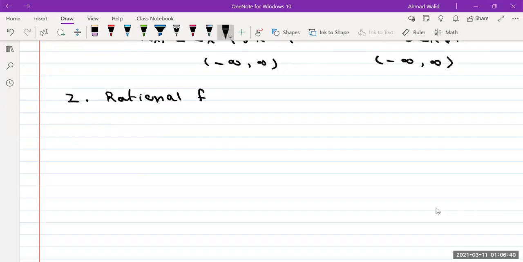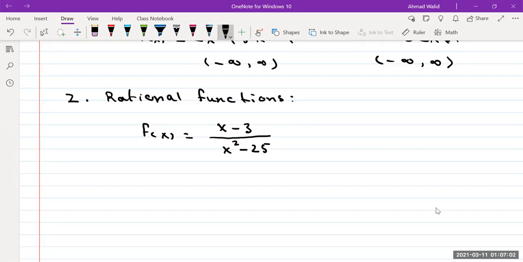If I have a rational function, for example, f of x equals x minus 3 over x squared minus 25, we call this type of function a rational function because I already discussed with you what rational expressions are.